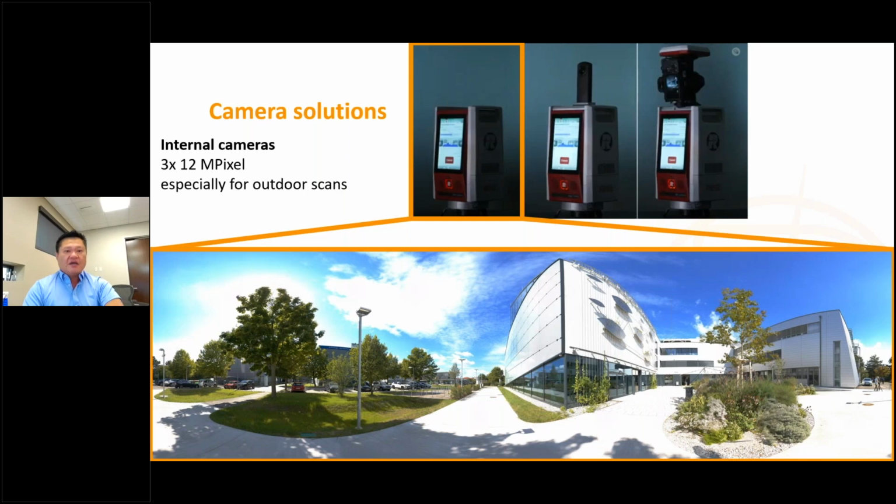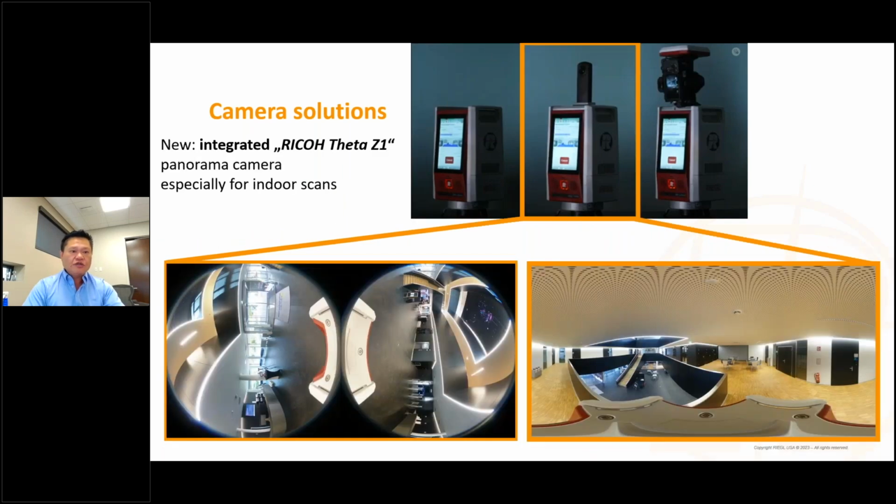So with the internal camera, we also have an additional new addition to the product line, the RIEGL Z1 360-degree camera. This is a 2-lens camera, and this is actually their flagship. If you don't know this brand, they make very high-end 360-degree cameras. This one particularly is their flagship camera, which has 23 megapixels, I believe, and also internal storage. But don't worry about that, because all the data is stored directly onto the scanner hard drive.